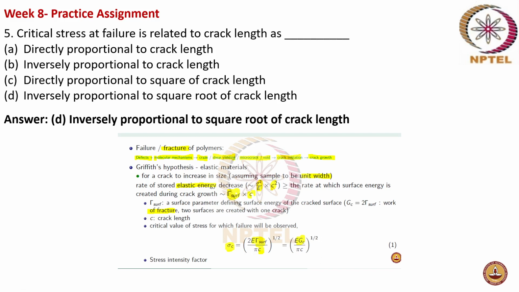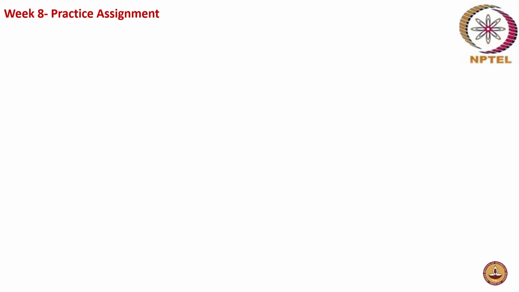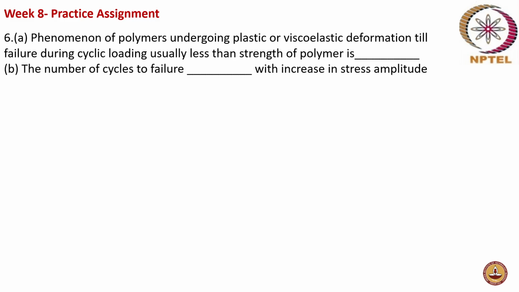Now let's proceed with the next question. The phenomenon of a polymer undergoing plastic or viscoelastic deformation till failure during cyclic loading, where the load is usually less than the strength of the polymer, what is this phenomenon called?